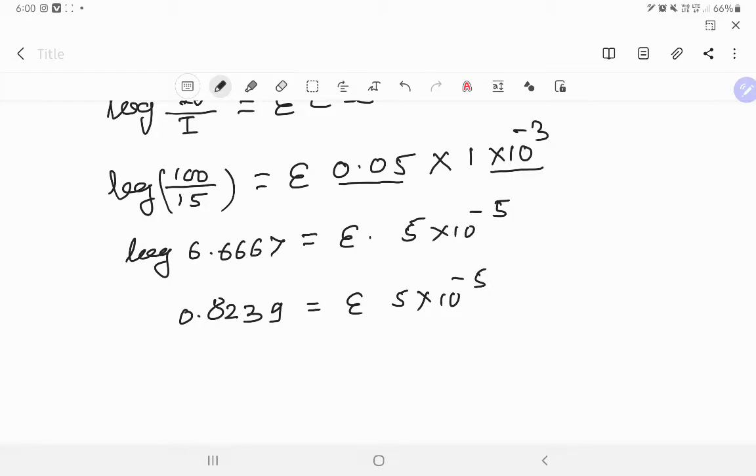Now, therefore, epsilon is equal to 0.8239 divided by 5 into 10 raised to minus 5.